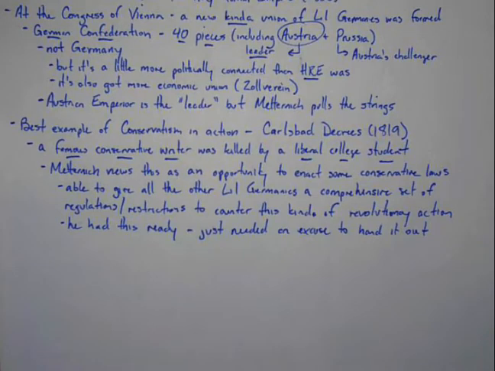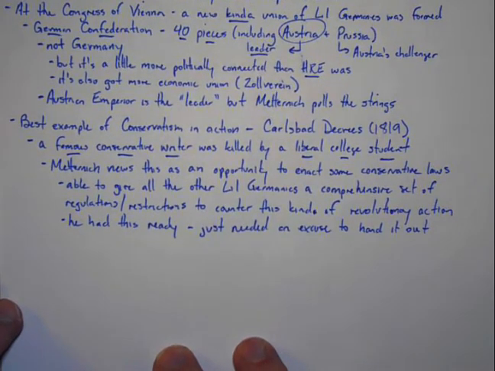So he had this in a drawer, ready to go. And as soon as there was an opportunity, he's like, everybody do this. And the other little Germanys were like, wow, this is just the thing we need. What a coincidence that you had this ready to go. So here's some of the stuff that were in the Carlsbad Decrees.